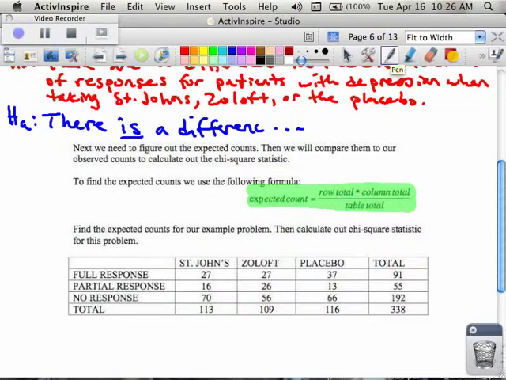And basically you take the row table times the column table totals and then divide by the total table. So the thing that's going to be really important later on is this 338 number when we're doing this. So as we go along, I'm going to be using that 338 to divide every single time, just so you know.